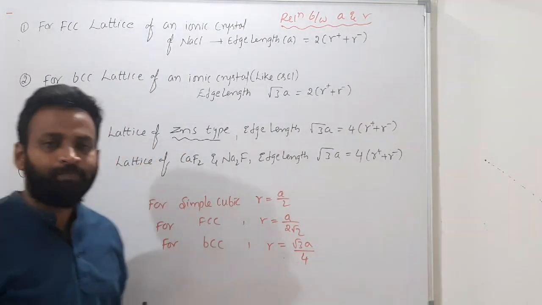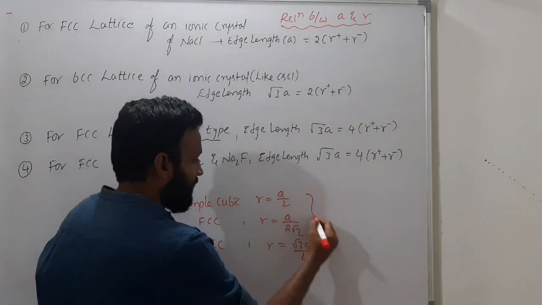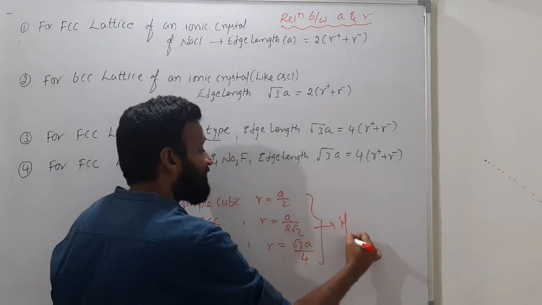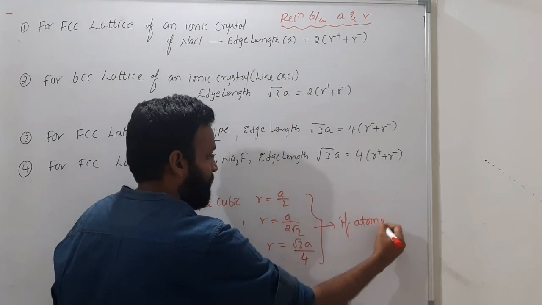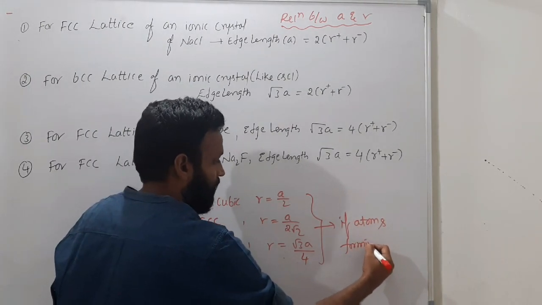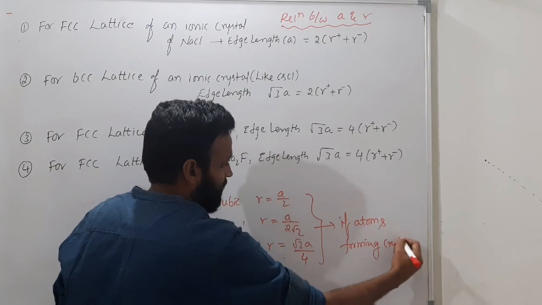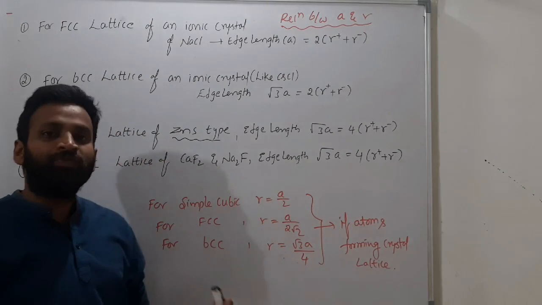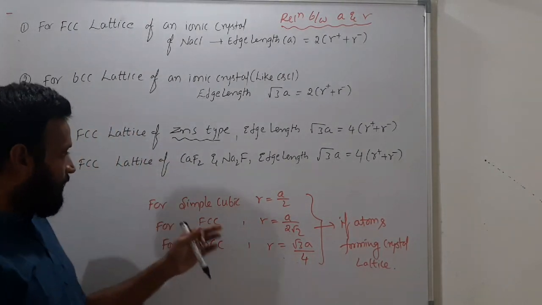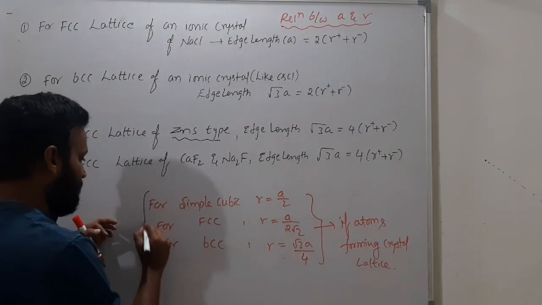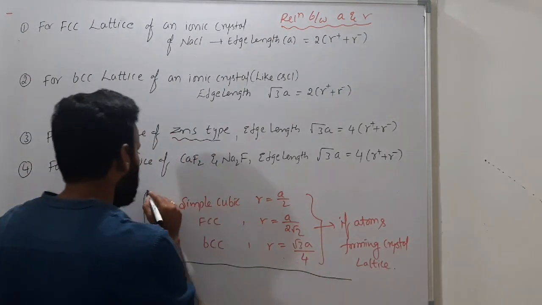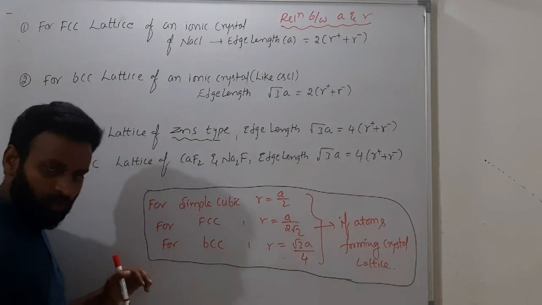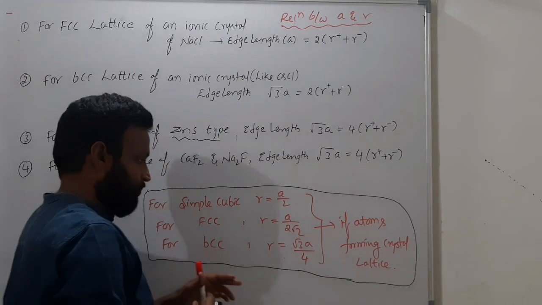Like this I was given. But these are all radii of a crystal lattice, when atoms form the crystal lattice. For simple cubic, R is A by 2, for FCC R is A by 2 root 2, for BCC R is root 3 A by 4.